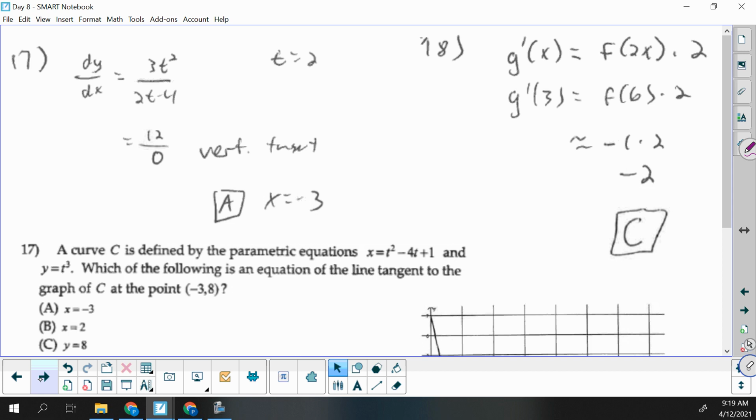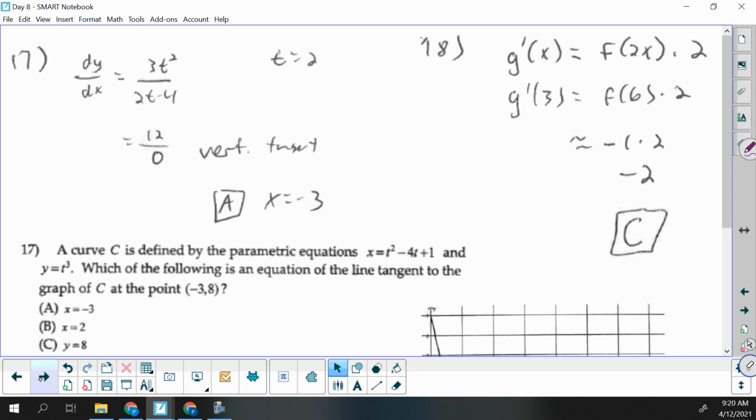So if you do your dx over dt and dy over dt, we get 3t squared for dy over dt, and 2t minus 4 for dx over dt. If you set 8 equal to the original y equation, that's 8 equals t cubed, so the cube root of that is just 2. So the only option for t is for t to equal 2.